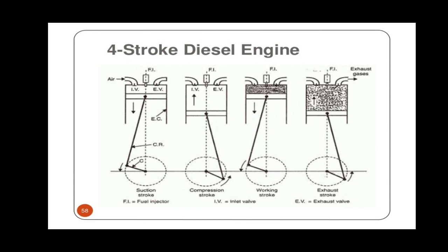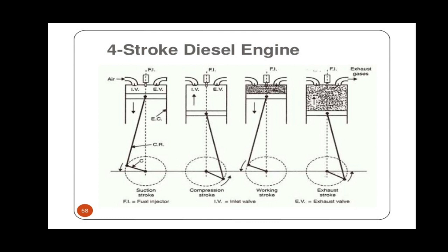At the starting of our working stroke, the expansion stroke, that force pushes our piston down very fast towards what? Down. Towards what? The bottom dead center of that cylinder. So our piston moves from top dead center to bottom dead center very fast due to huge force.